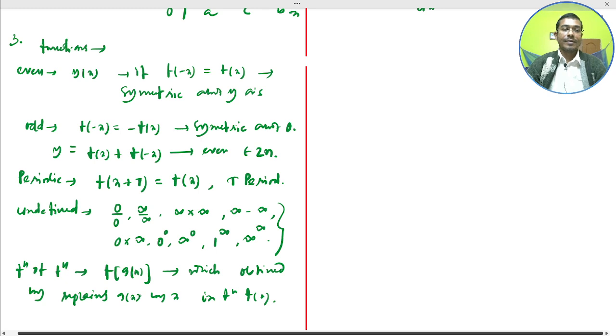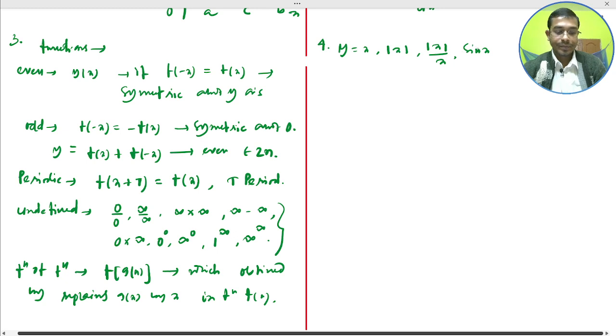And now we discuss graphs of some functions. Suppose y equal to x, mod x, mod x by x, sin x, cos x, tan x, x square, plus minus root x, e to the power plus minus x, log x, and the box x.